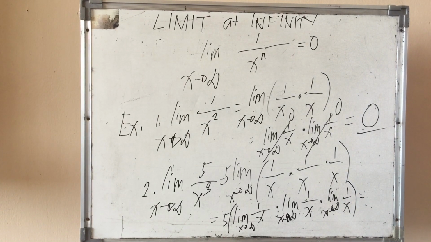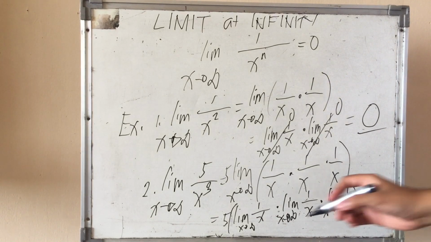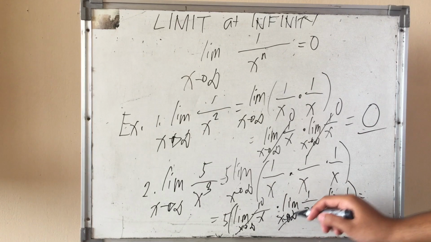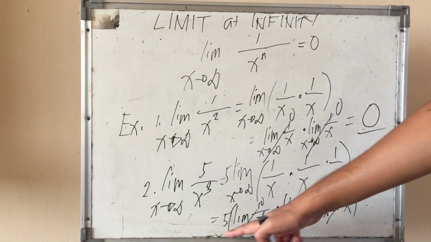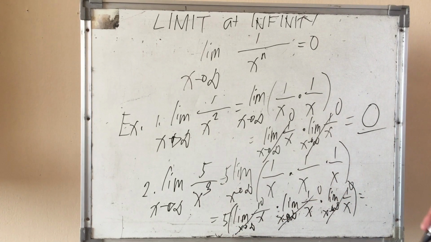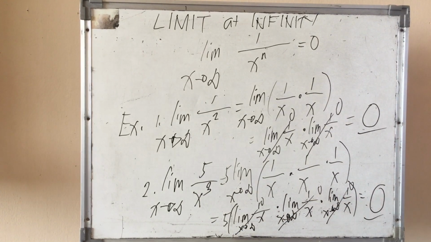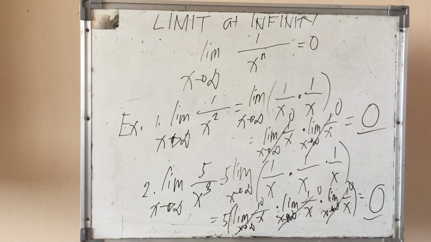The limit of 1 over x as x approaches infinity is equal to 0. So we have 5 times 0 is equal to 0. So both our answers are equal to 0.